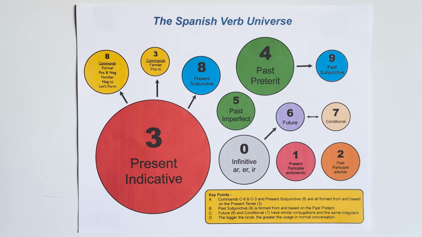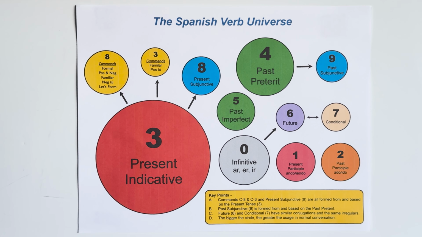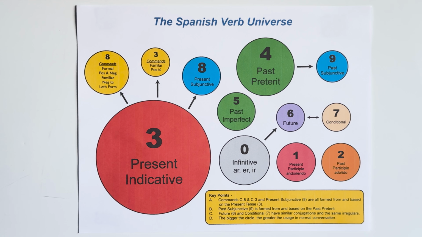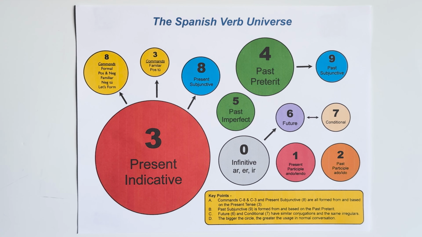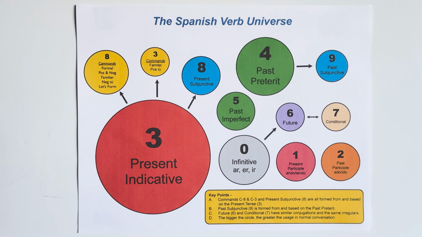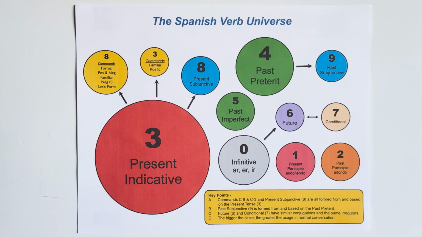Obviously, the biggest one is the present indicative, number 3, on the left side of the chart in red. Why do they call it the present indicative? Because it indicates what is happening now in the present tense. By far, we speak and use more present tense than anything.